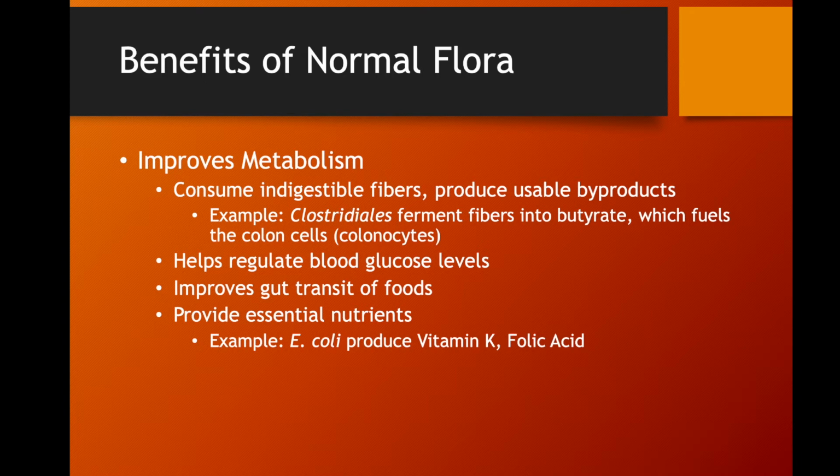The second one here helps regulate blood glucose levels. There is evidence, and again, this has to do with indigestible fibers. If you have fibers in your diet, these bacteria can help process them, giving a slower release of glucose broken off from some of these fibers, and reducing the postprandial spike, meaning the spike after eating, in blood glucose levels.